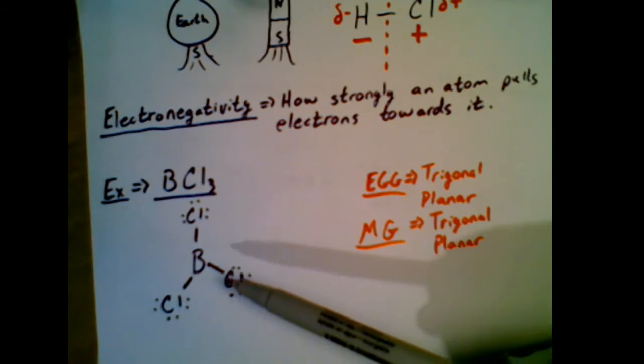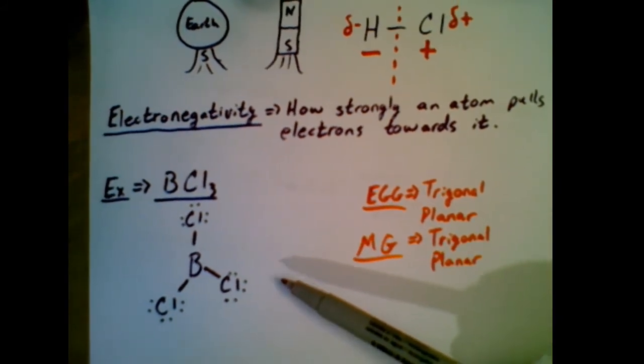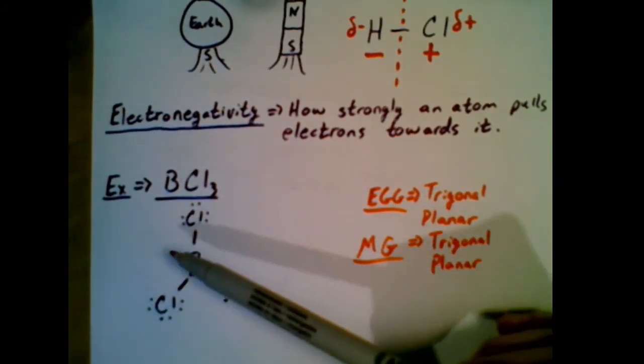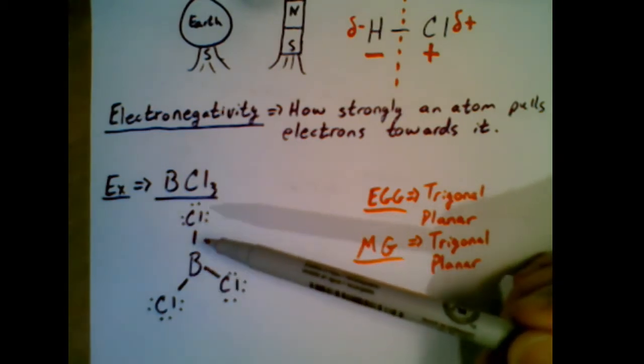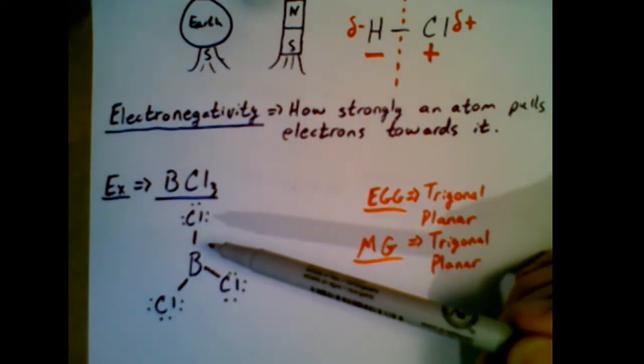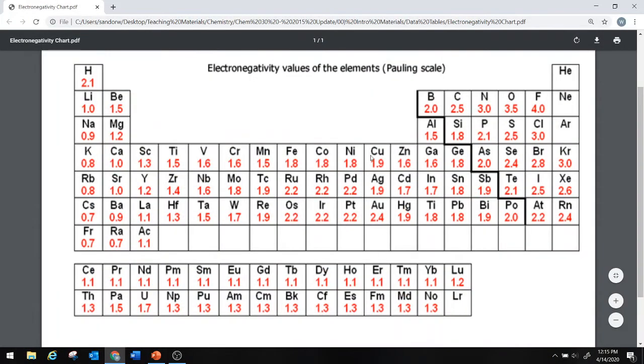And to see if there's an electronegativity difference between these bonds, what we need to do is jump to our electronegativity chart. And so what we would do is look for chlorine, and chlorine is right here, and then we would look for bromine, and it is right here.